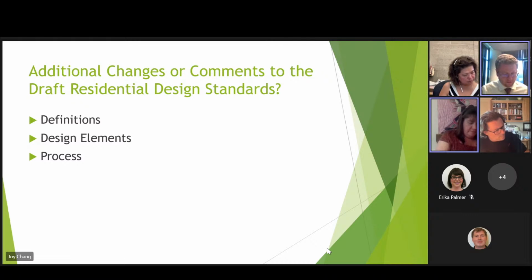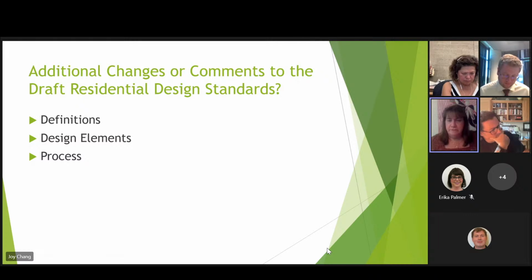Up it to 30. Sure. And then the face of the garage would be 35. Anybody else have any comment on that, or staff want to review to see if that is a workable number within the VLDR standards that still meets the criteria? Yes, we can definitely look at that. Okay. Perfect.